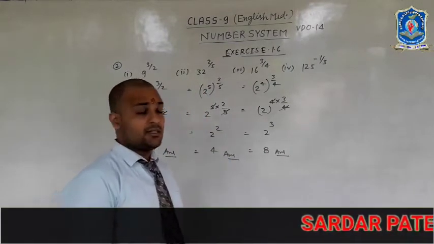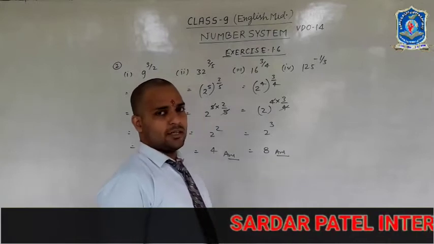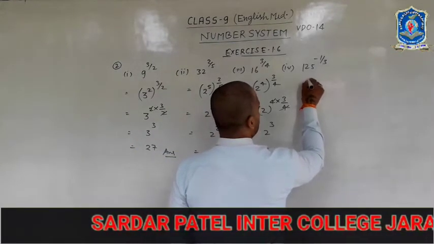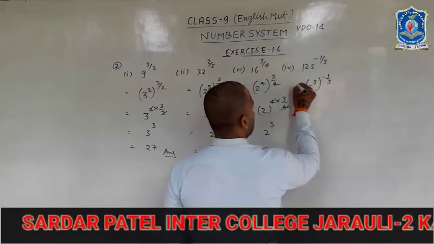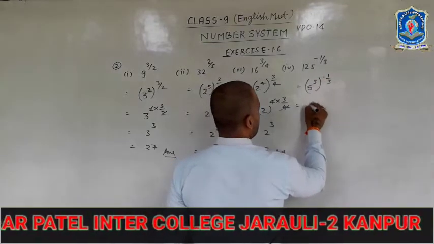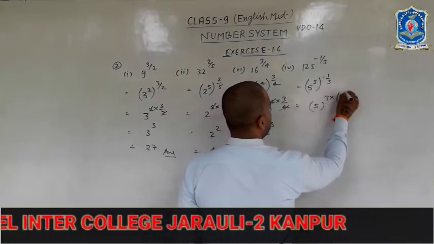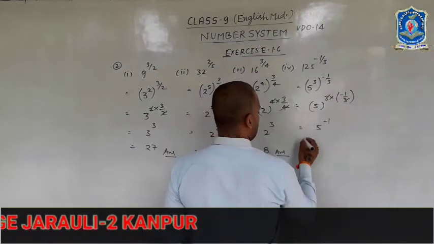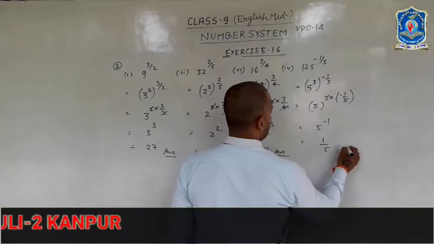Now the last one is 125 to power minus 1 by 3, that will be 5 cube to power minus 1 by 3. Applying laws of exponents, that will be 3 into minus 1 by 3, the 3s cancel, that is 5 to power minus 1, that is 1 upon 5.